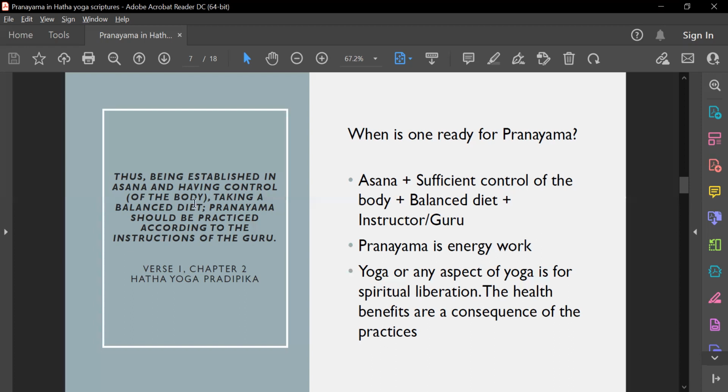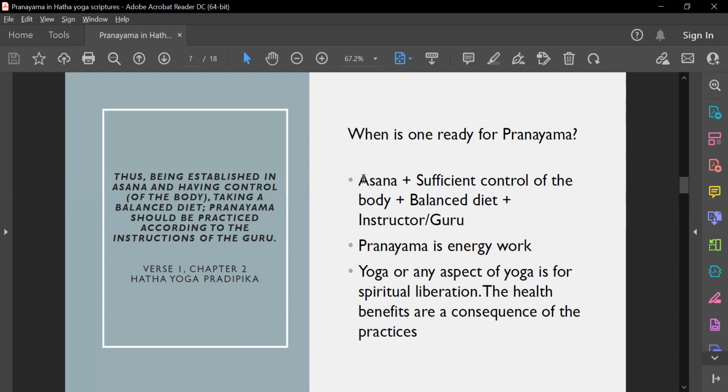Similarly, this verse of the Hatha Yoga Pradipika talks about the prerequisites for pranayama. For pranayama to happen without any ill effects on the practitioner, there has to be sufficient asana practice and control of the body.